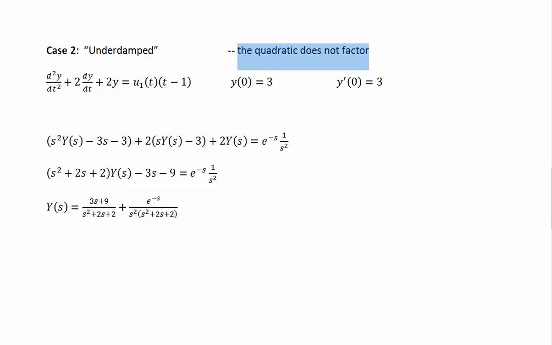Well, okay, so we have seen cases like that before, except the times we have seen it before, there was no s term. It was just an s squared and a constant. This 2s is the new part.